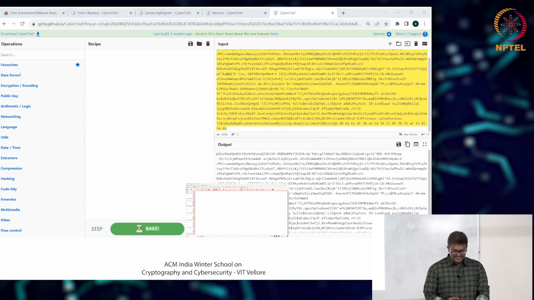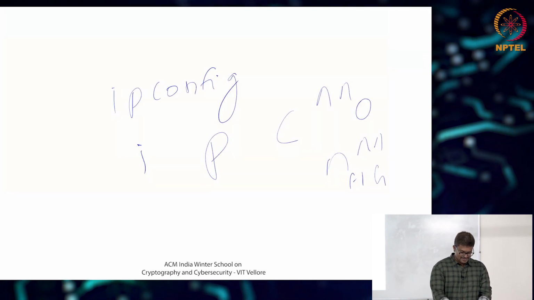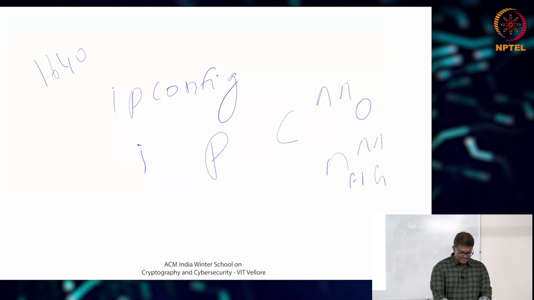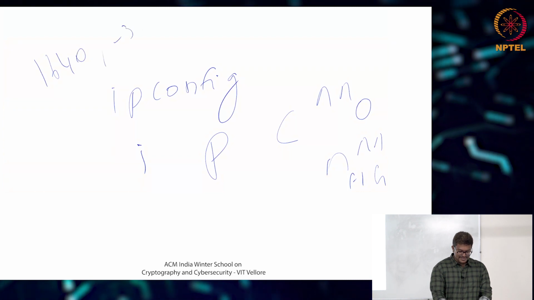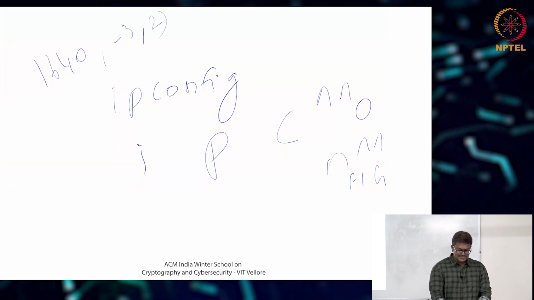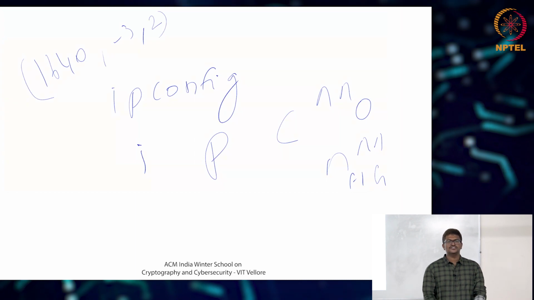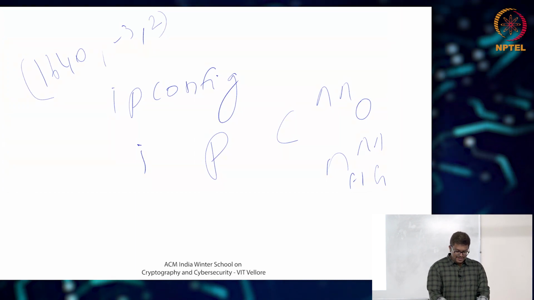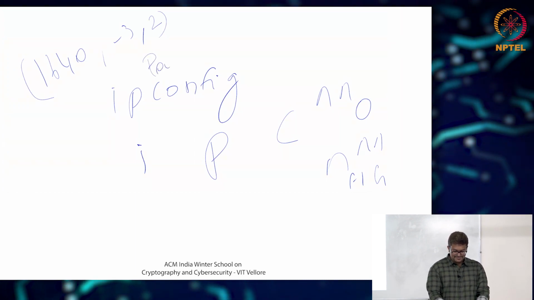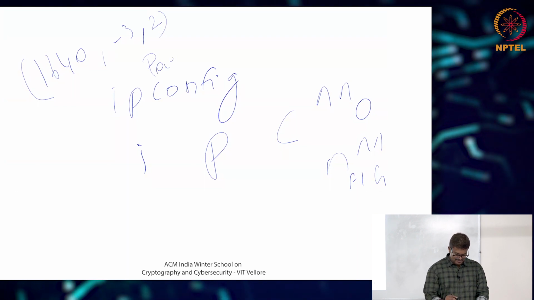What is the conditional check here? So, 1640, it has to be decremented until it reaches 2. This is the actual conditional check, right? So for every decrement, we reversed it.